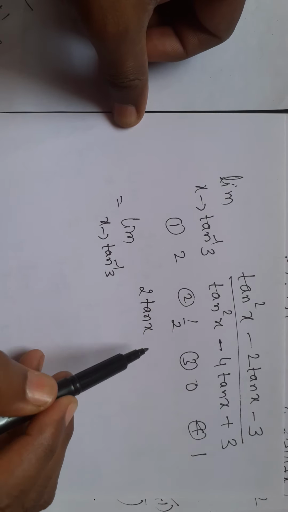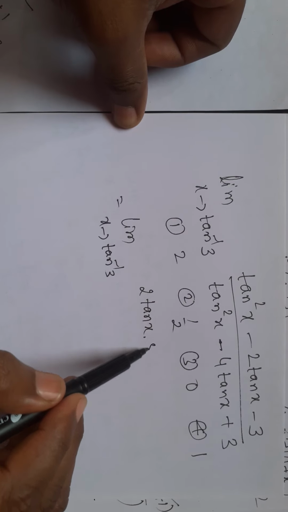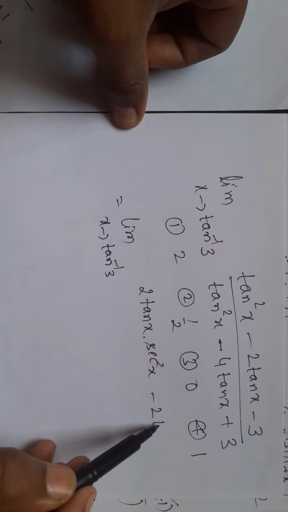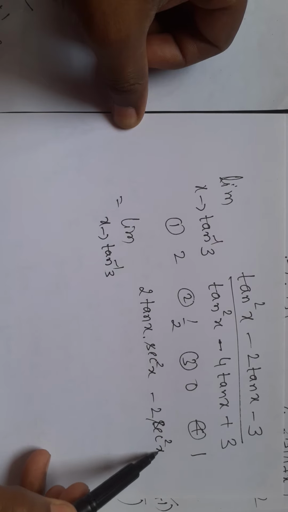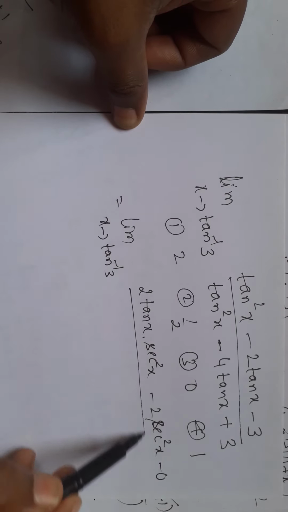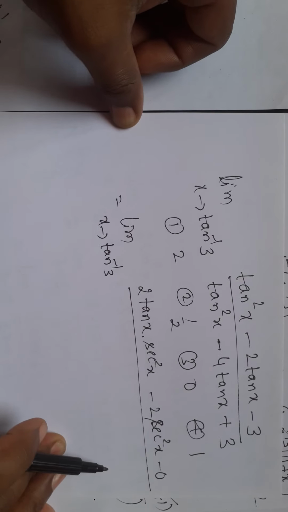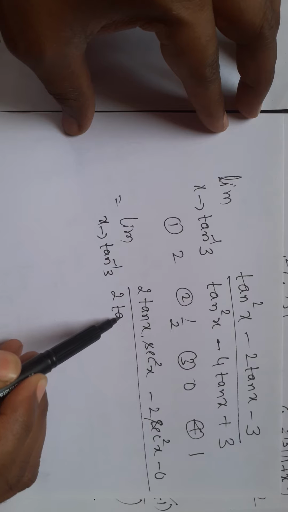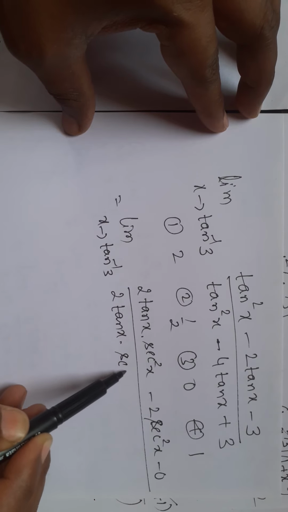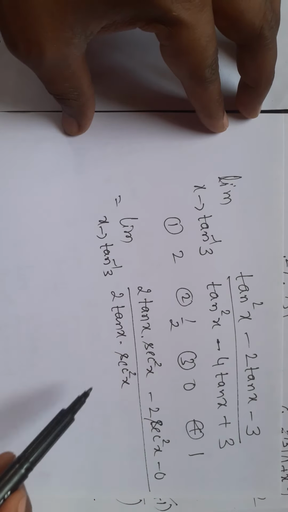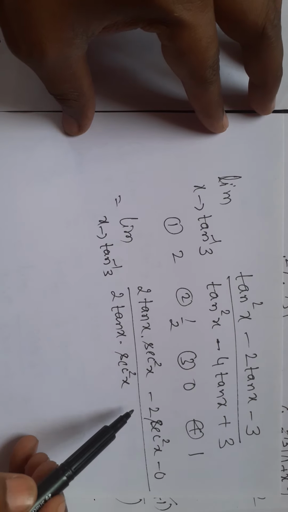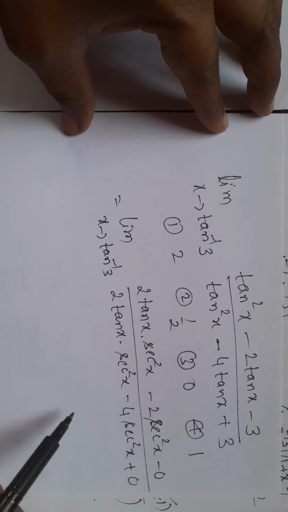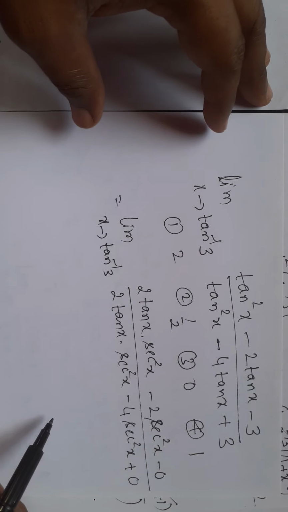Differentiation of tan square x is 2 tan x into secant square x, minus secant square x times 2, and the derivative of 3 is 0. The denominator: 2 tan x into secant square x by the chain rule, minus 4 secant square x, and the derivative of plus 3 is 0.